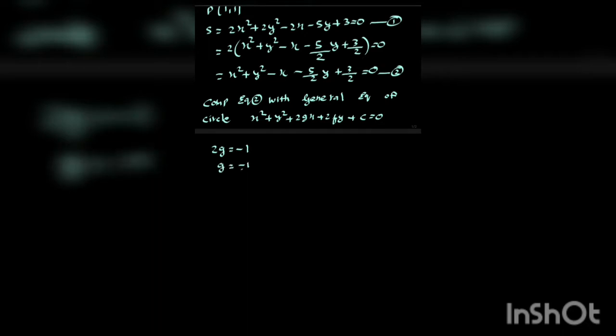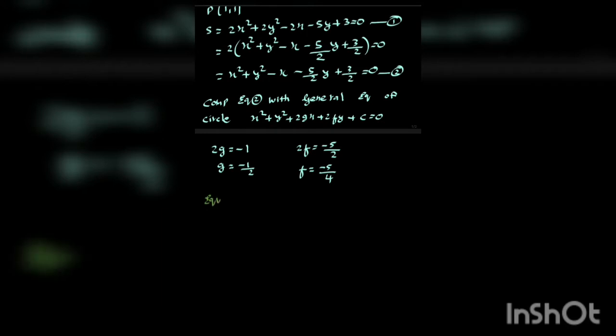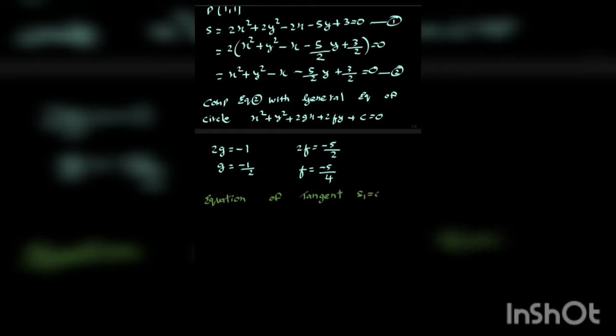So 2g = -1, g = -1/2. 2f = -5/2 and f = -5/4. So what is the equation of tangent? That is S1 = 0.